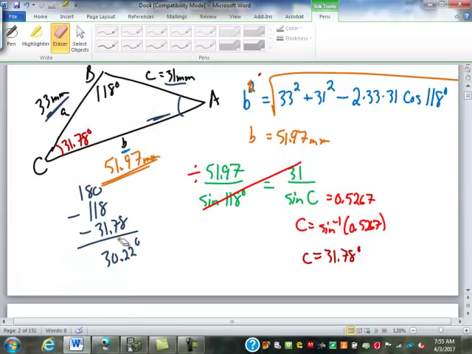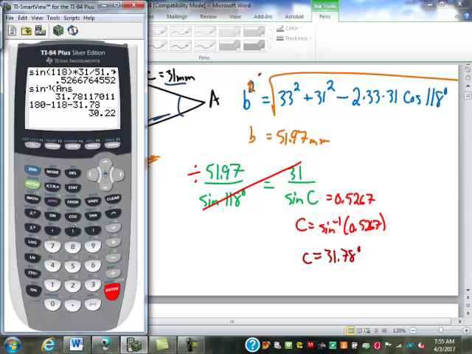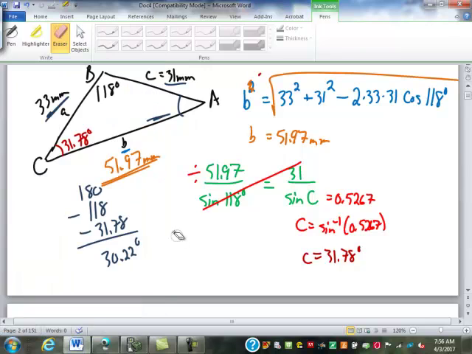So somewhere in here I did something wrong. What did I do? Let's double check this one here. $31.78 I'm still getting.